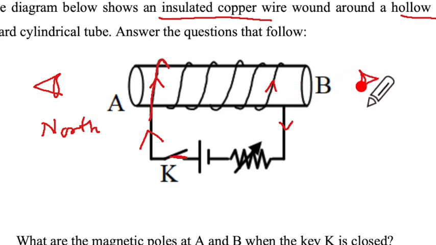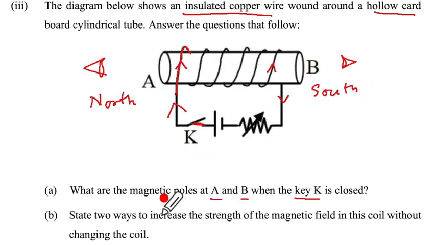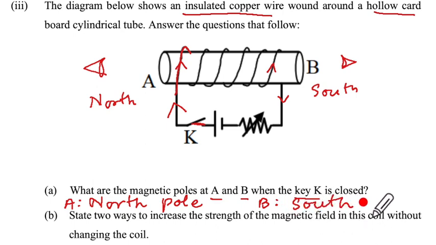If you look from here it is going clockwise, so it is going to be south. So what are the magnetic poles? You will say A is north pole and B is south pole.